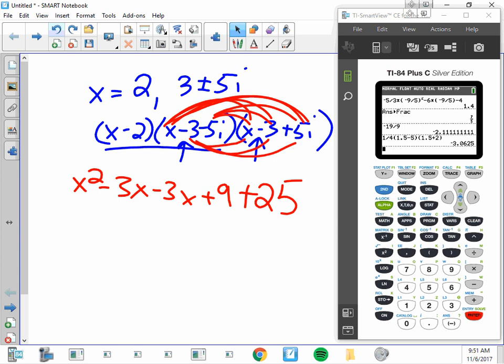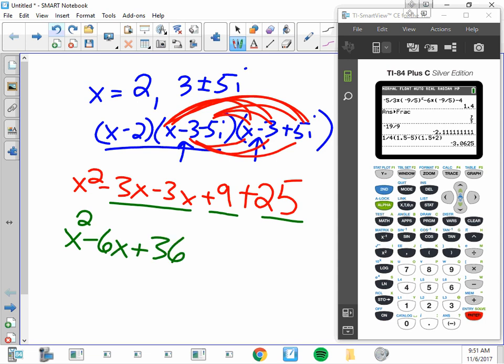You're going to get 2 copies of that, and then you'll get the middle term squared, and then the last term squared. That will always happen when you do complex conjugates. We end up with x squared minus 6x plus 34, sorry.